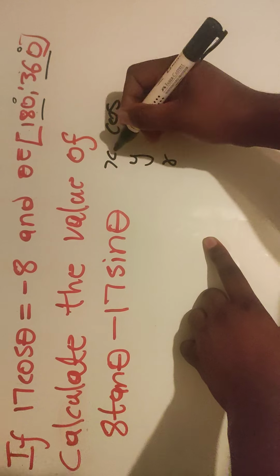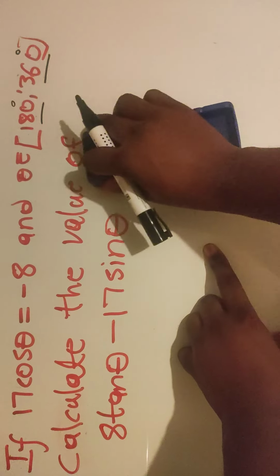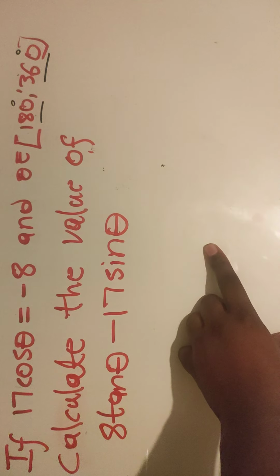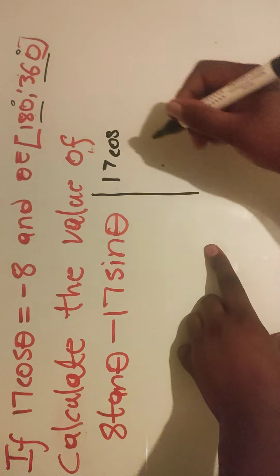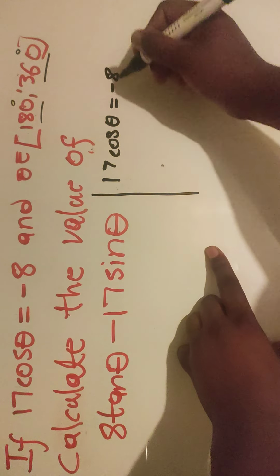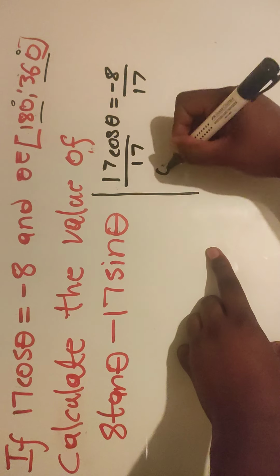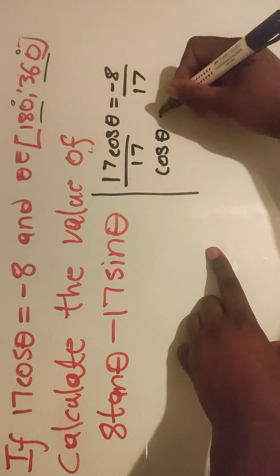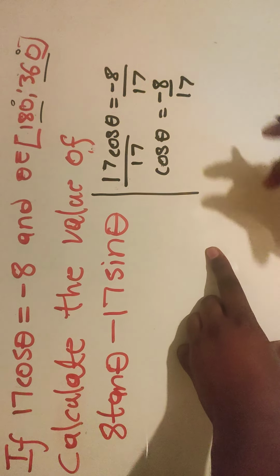Remember we have 17 cos theta, which is equal to minus 8. Then we need to divide by 17 on both sides. So cos theta is equal to minus 8 over 17.